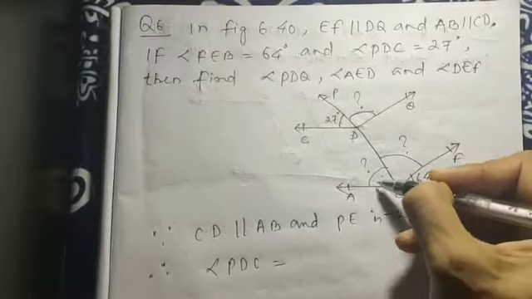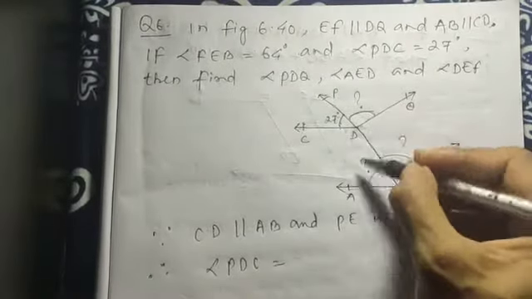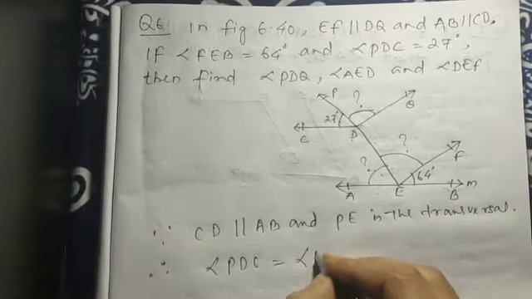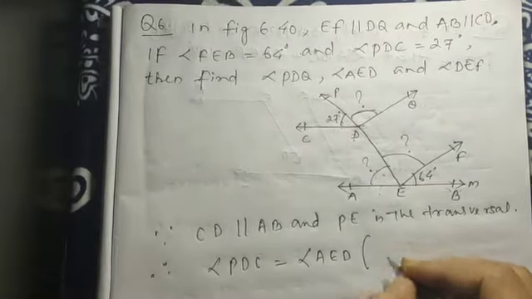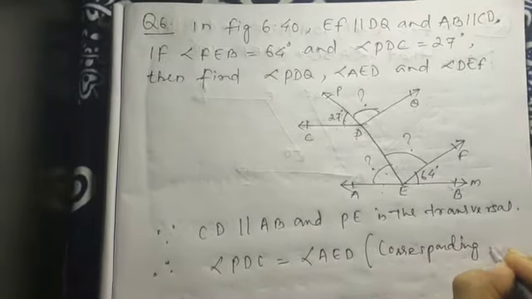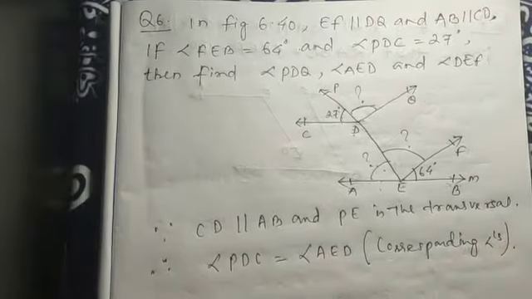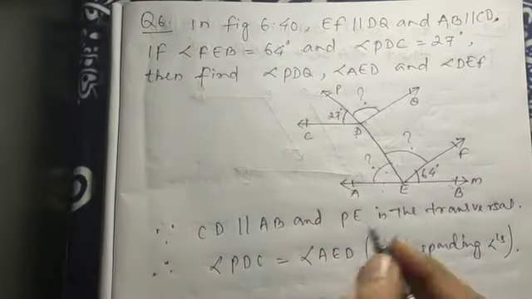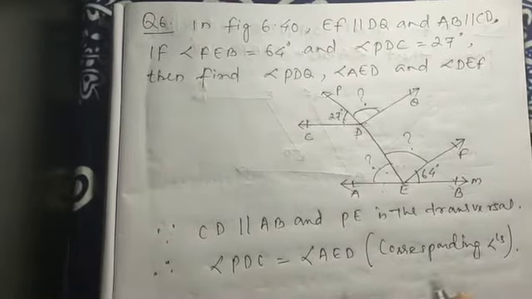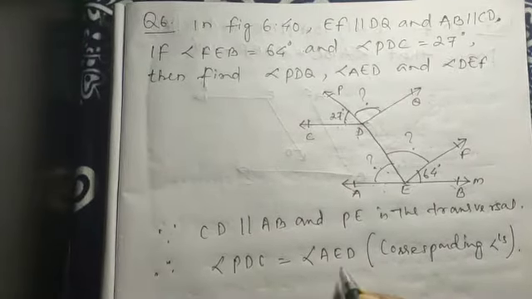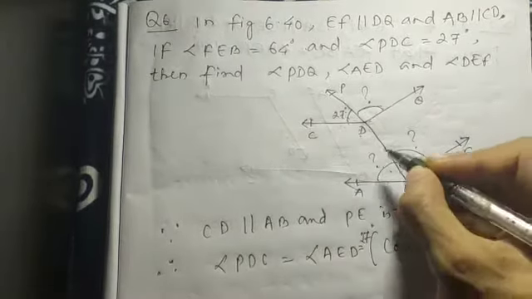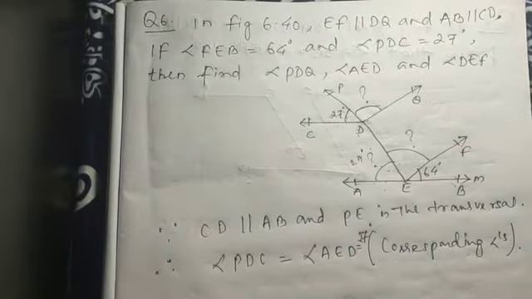This angle lines up on the same side of the transversal, so that means corresponding angles, right? AED is corresponding angle. So this AED is equal to how much? 27 degree. So we got here 27 degree, right?